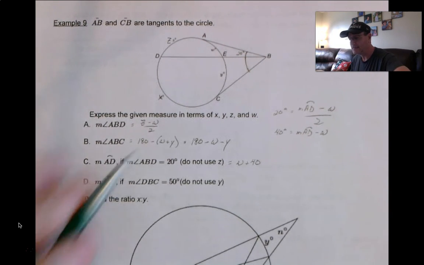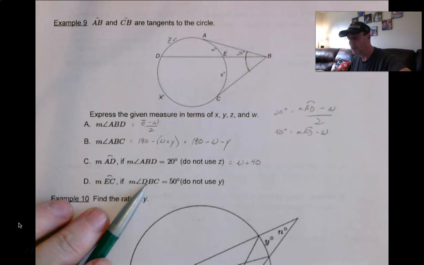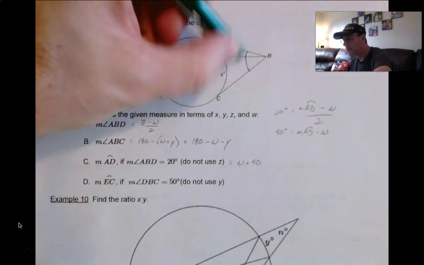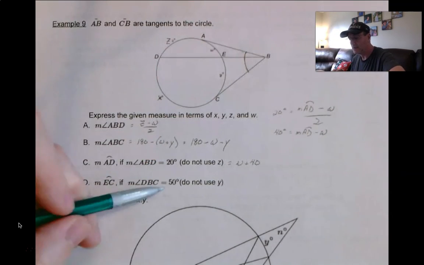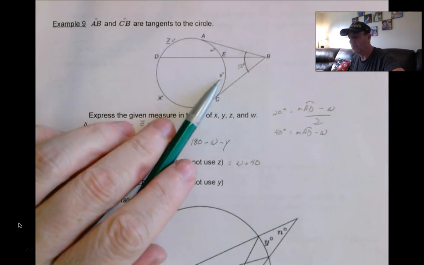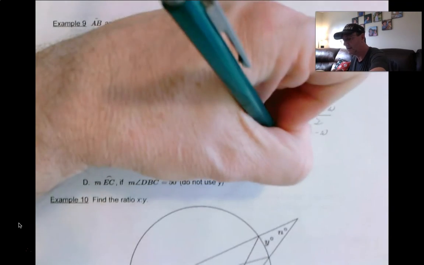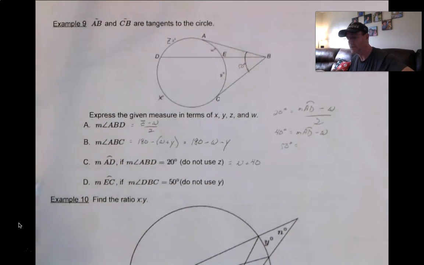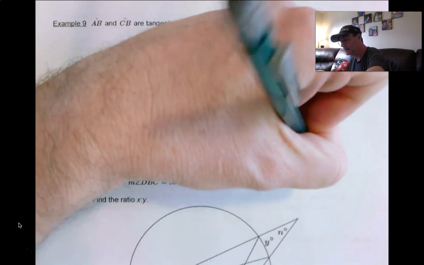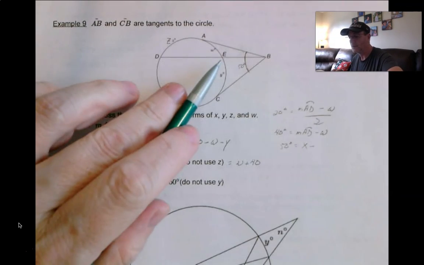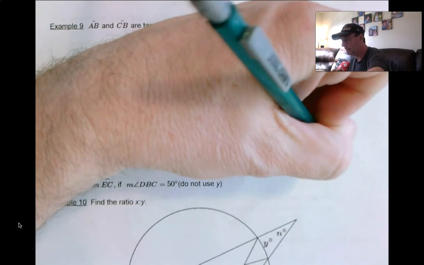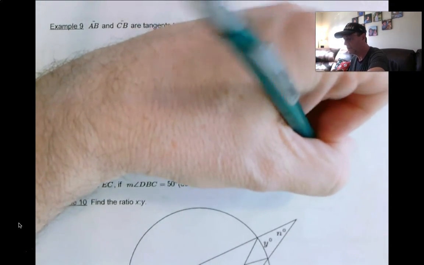Find the measure of arc EC, which is the Y, if we know that angle DBC, so now we don't know this is 20, new problem, DBC we know is 50. Okay, so 50 degrees is equal to X minus the measure of arc EC, divided by 2.